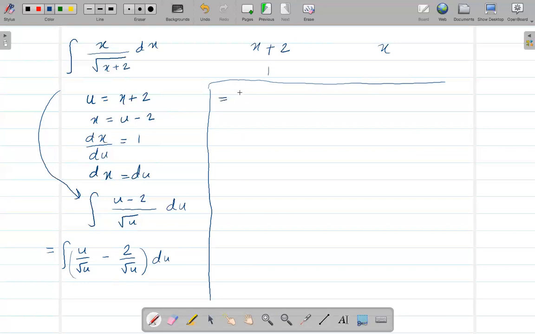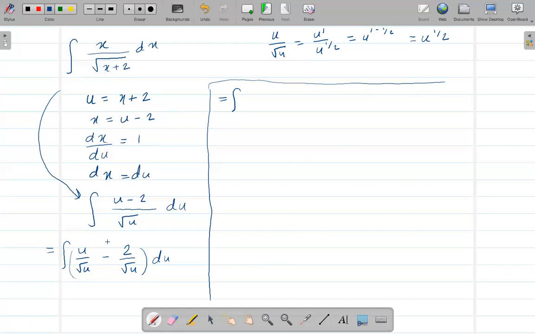From here, the integration of u over square root of u is the same as u over u to the power 1 over 2. Since this has the same base and these are dividing, I can say u to the power 1 minus 1 over 2, because this one has the power of 1. So this is u to the power 1 over 2.